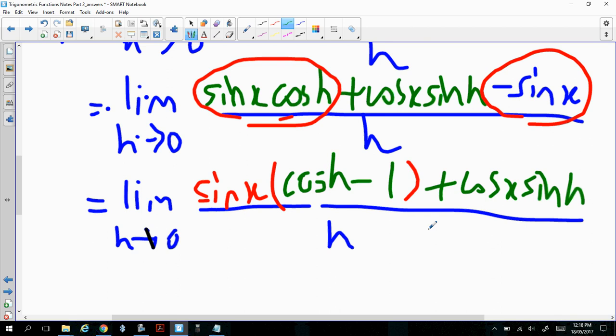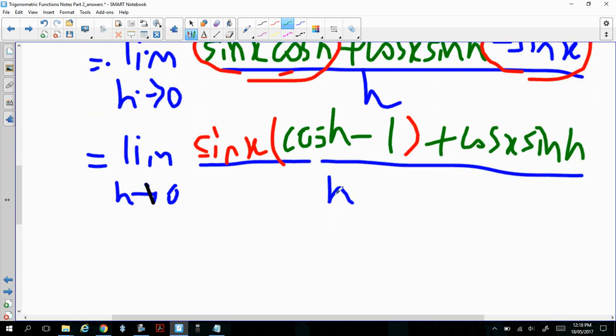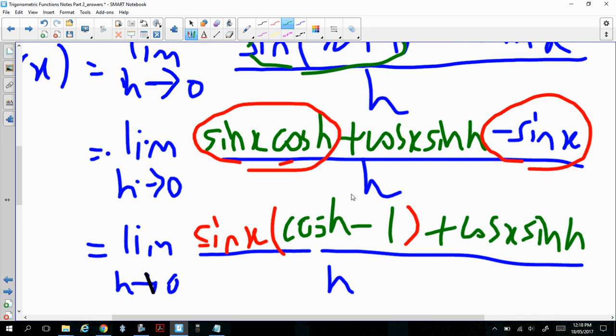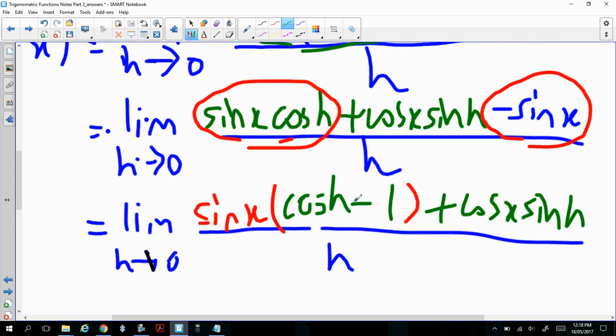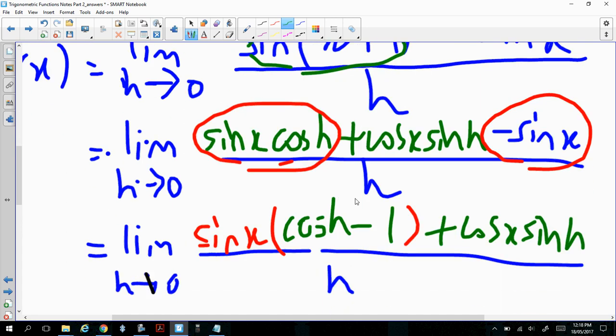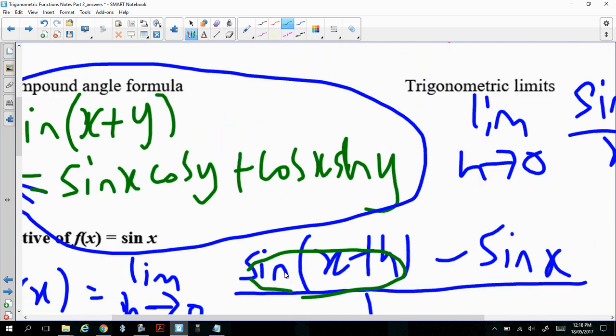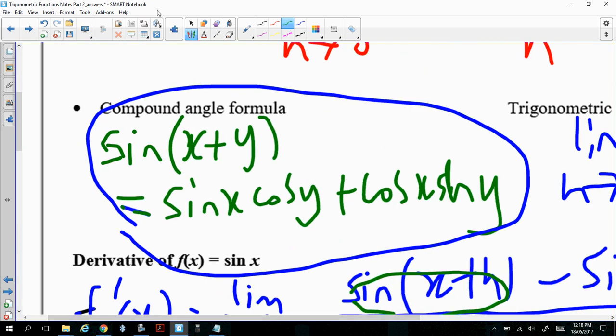Oh, I forgot there's another result I have to write down. We also need another formula. Sorry, I forgot to say there's another formula you need.